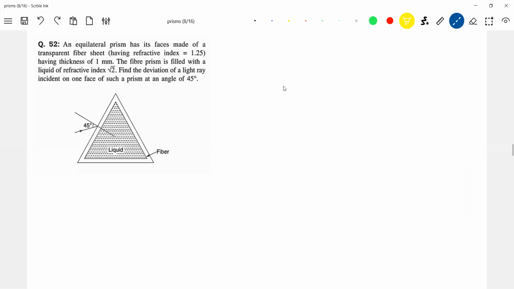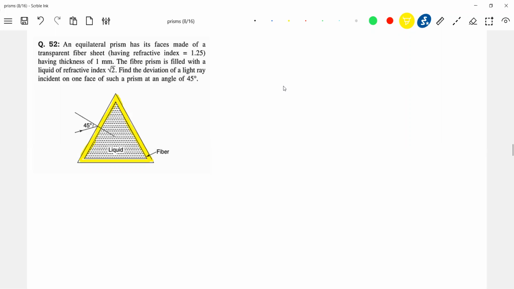What to do with that fiber sheet? What difference does it make now? It doesn't make a difference. The thin fiber sheet which is there, it is of no use. You can treat only the liquid as the prism and solve the problem. The deviation produced by the fiber sheet is 0.